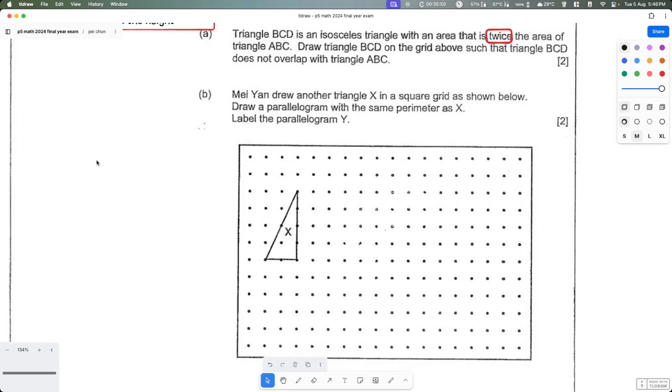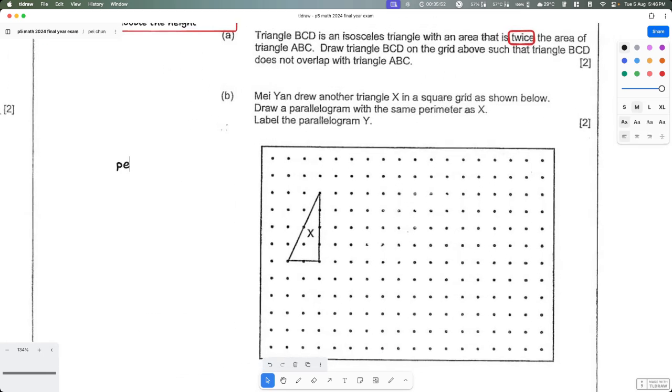The perimeter of X is equal to, if you see X over here, I'm going to draw the line. I'm going to put this as orange. So 1, 2, the diagonal thing. And then we have this as well, which I'm going to put as green.